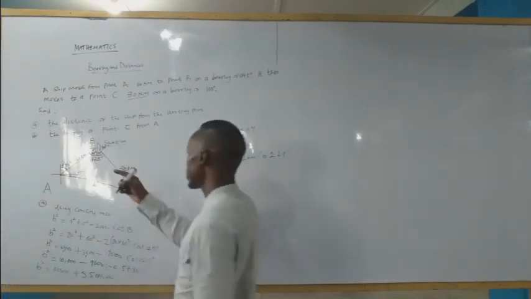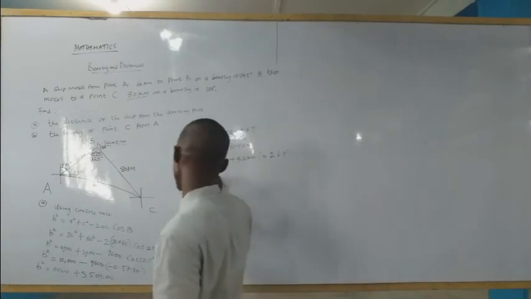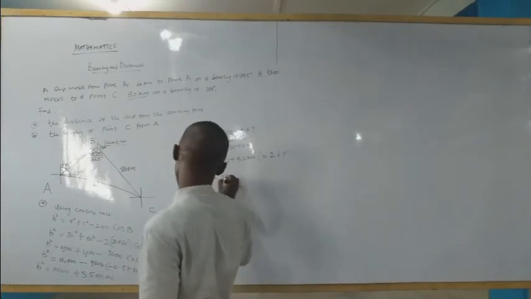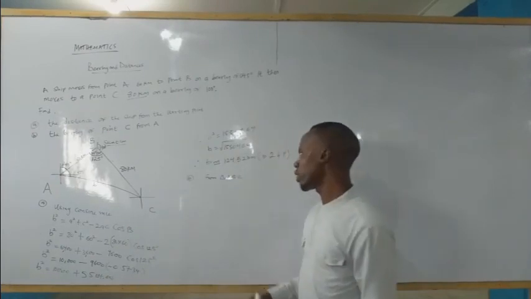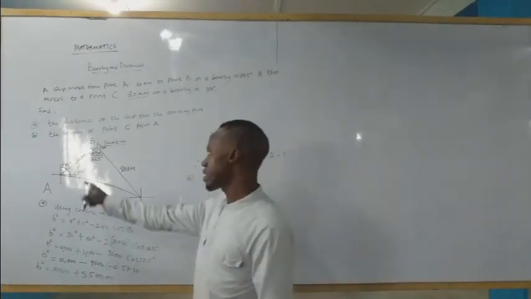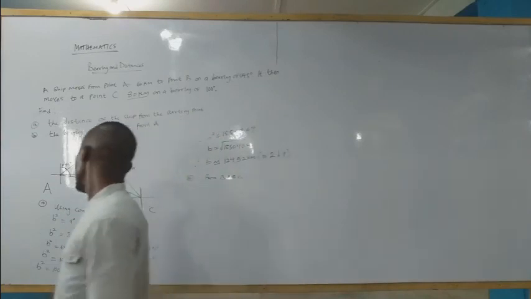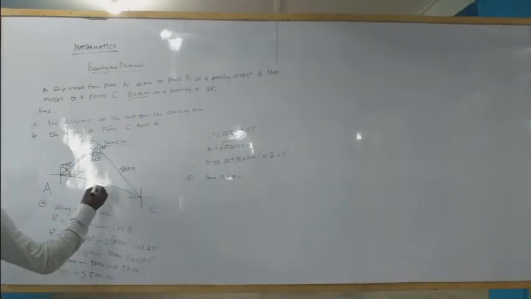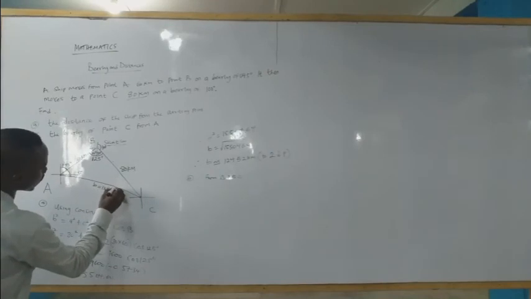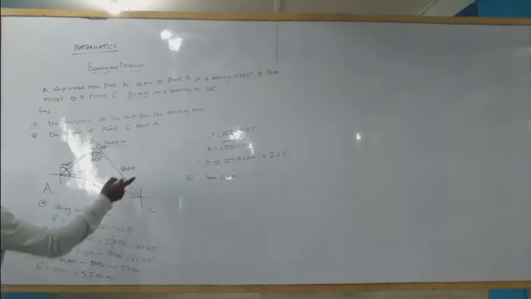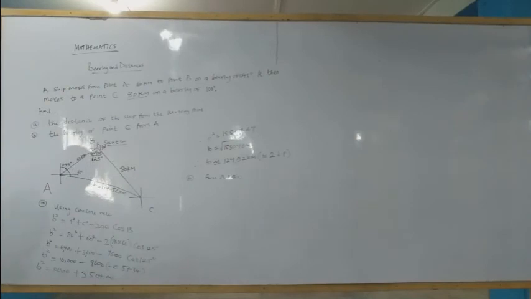So from triangle ABC, I need theta. So from here, I know B to be what? 124.52 kilometers. So I know all the 3 sides now. I know one angle. So from here I can apply the sine rule.